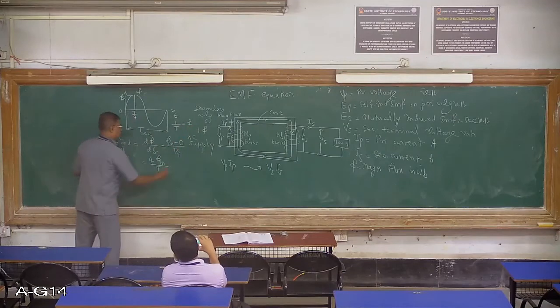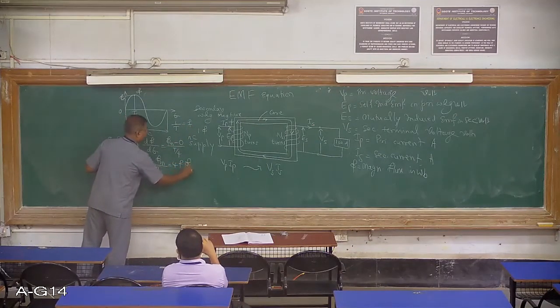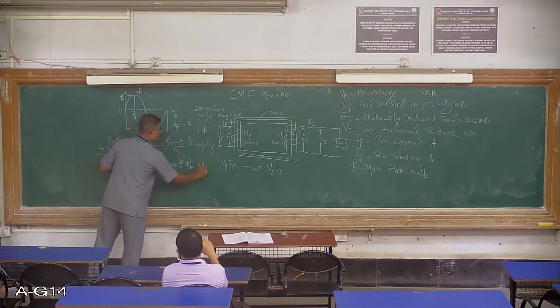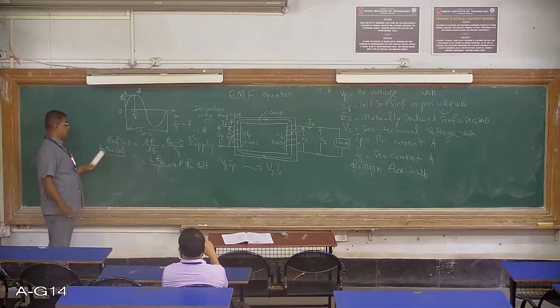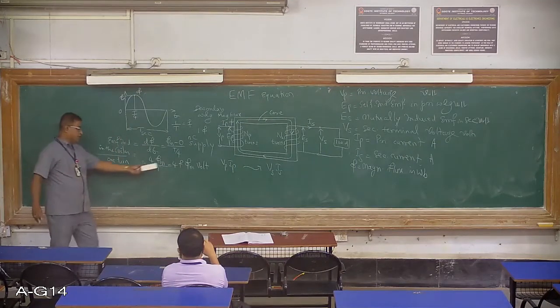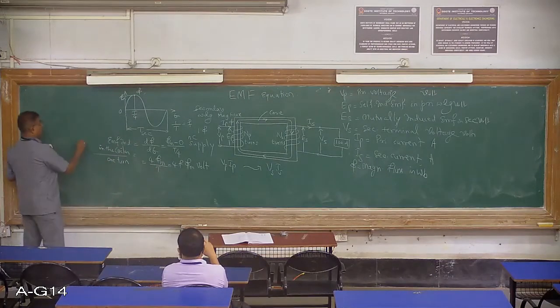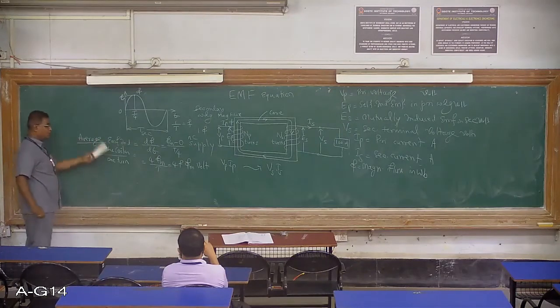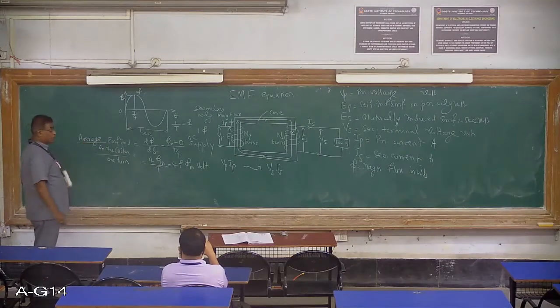So this is written as 4 F phi m volts. This is the EMF induced in a coil of one turn. This is called the average induced EMF. This average value has to be converted into an RMS value.